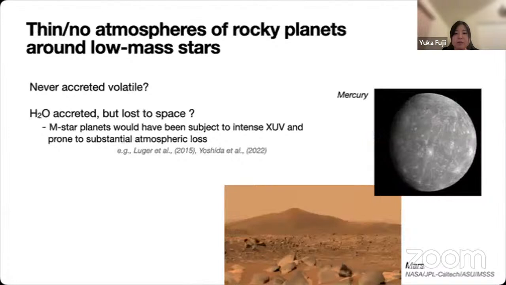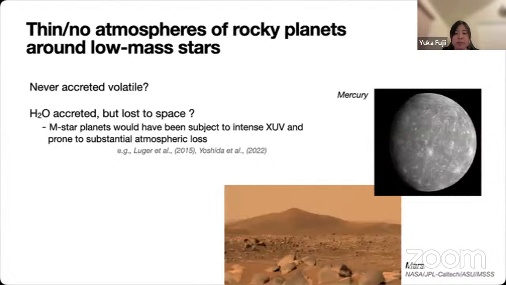Or they may have once accreted some volatiles, but lost them, because the M-type star would have been subject to intense XUV, especially early on, and prone to substantial atmospheric loss.